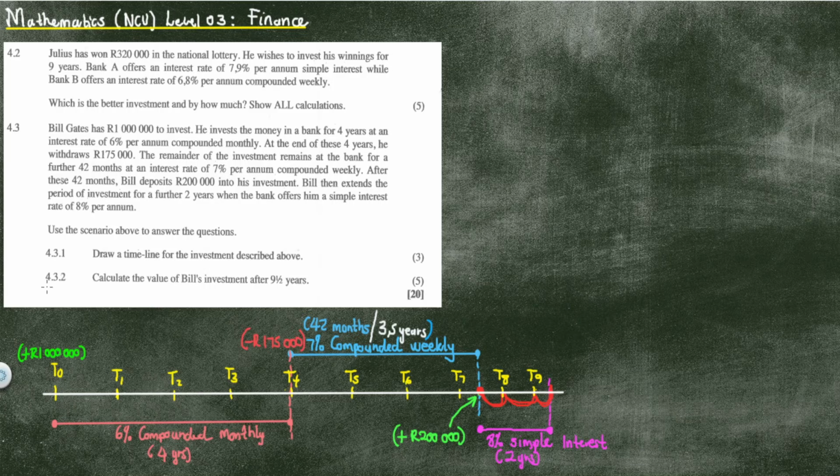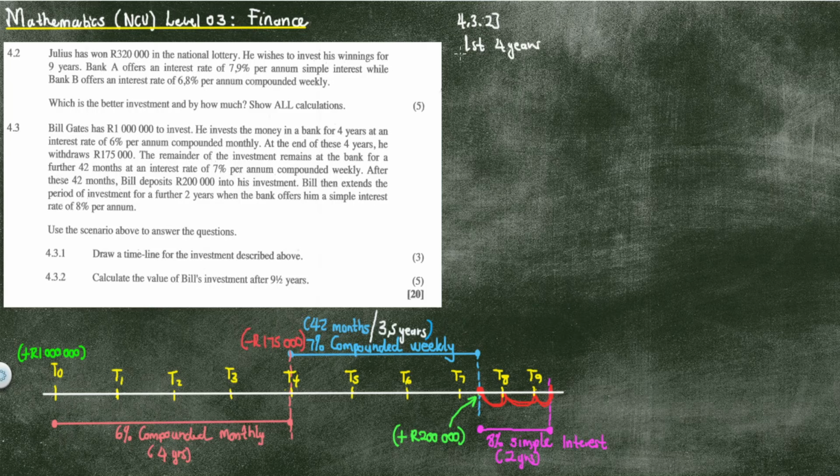So 4.3.2, calculate the value of Bill's investment after 9.5 years. We're going to do some calculations here. We're going to start off with the first 4 years.